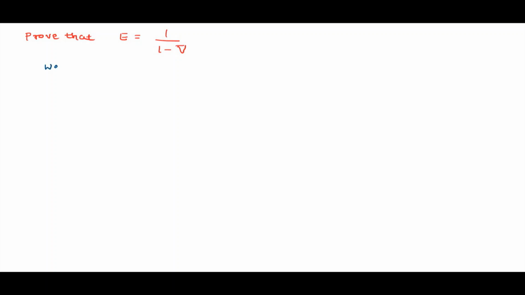So I will write here, we know that in the previous video we have proved that 1 plus delta into 1 minus del is equal to 1, and we know that delta is equal to e minus 1.